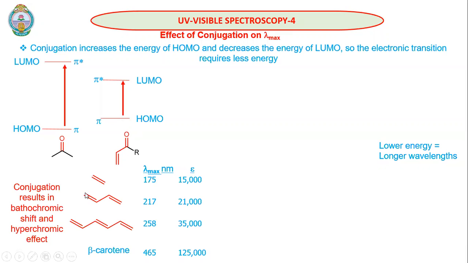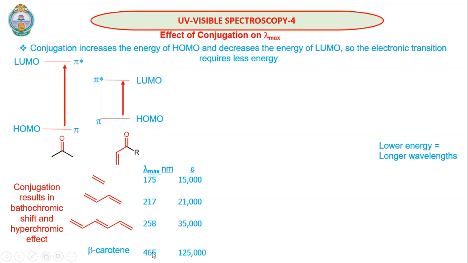Now, if you look at this argument in the case of ethene, 1,3-butadiene, 1,3,5-hexatriene, we can clearly see this. The lambda maximum in the case of ethene is 175 nanometers, whereas it is 217 for butadiene and 258 for hexatriene.